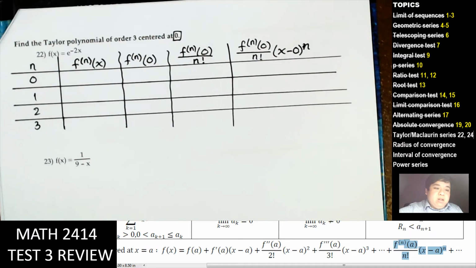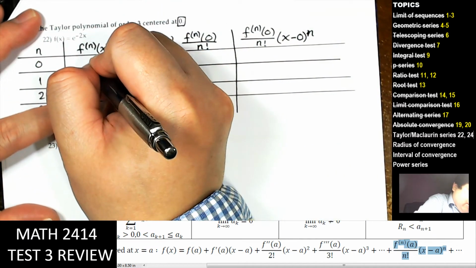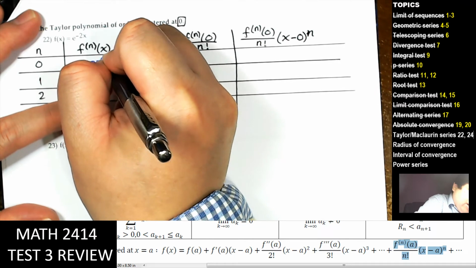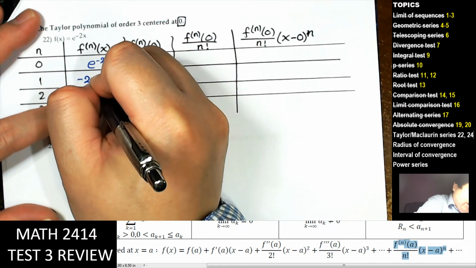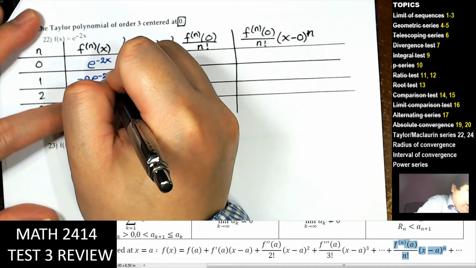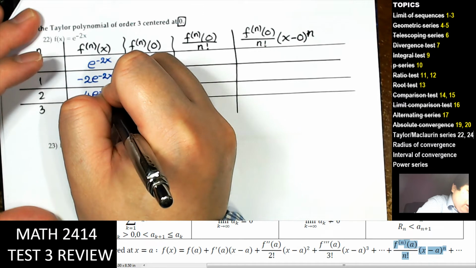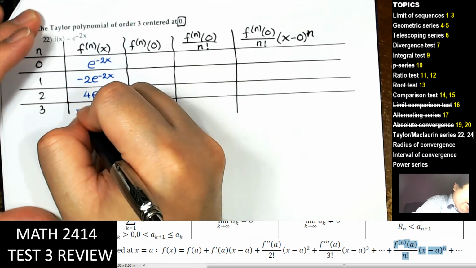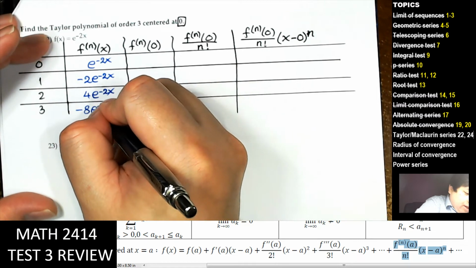Right, so it will be like this. Switch to different colors here. So the function is e to the negative 2x. Just take derivatives: negative 2 e to the negative 2x, 4 e to the negative 2x, negative 8 e to the negative 2x.